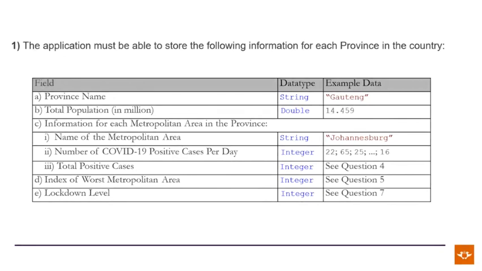Remember, the for each is a general common thing to use to indicate an array, especially in Informatics 1 at least. So when you see that, you're looking at an array. Also, you can see the second array here in terms of the number of cases per day, and each province has a number of metropolitans. So you've got to take that into consideration as well.